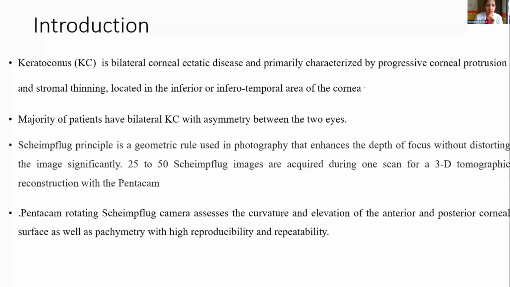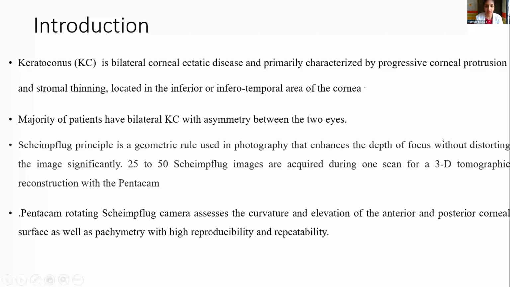Keratoconus is a bilateral corneal ectatic disease primarily characterized by progressive corneal protrusion and stromal thinning located in the inferior or inferior temporal area of the cornea. The Scheimpflug principle is a geometric rule used in photography that enhances the depth of focus without distorting the image significantly.